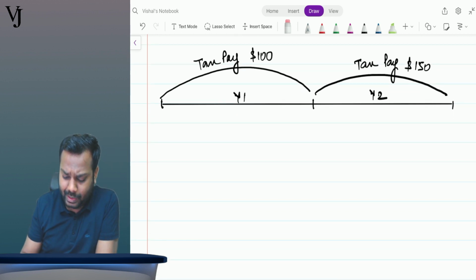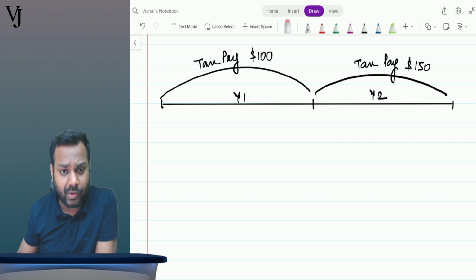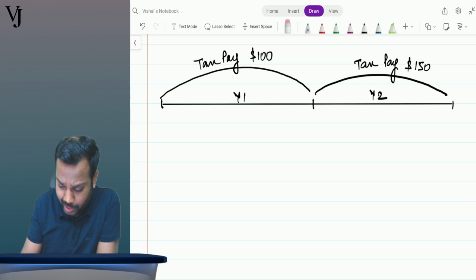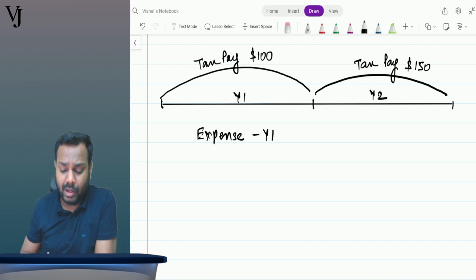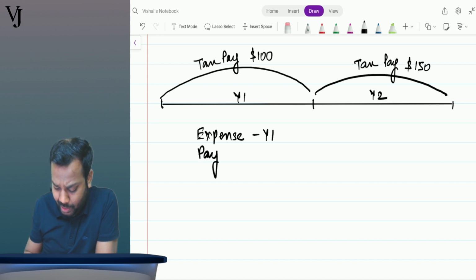Now we know that the tax payable of $100 is an expense for year 1. This tax payable of $100 is an expense to be recognized in year 1, but it will be paid in year 2.